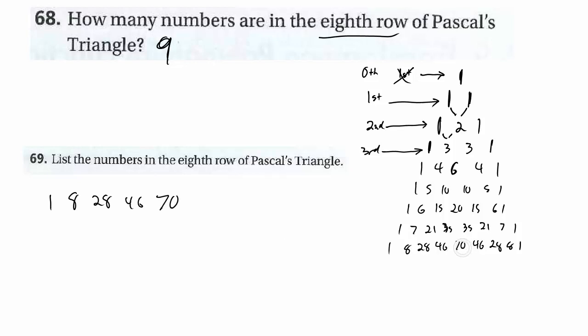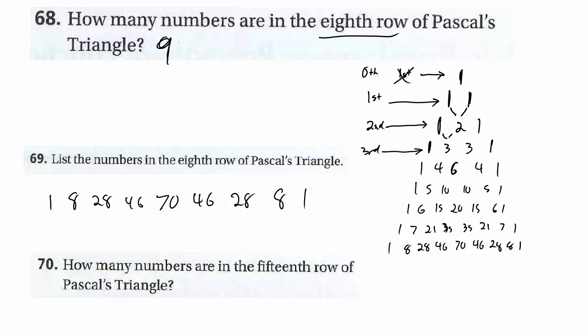But 70 is like the middle there. And then 56 again, 28 again, 8 again, and 1 again. Notice how there's a kind of symmetry to that. Again, the 8th row, even though you might count it as a 9th row, is the one that has an 8 right after the leading one.